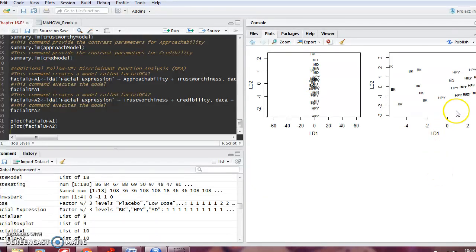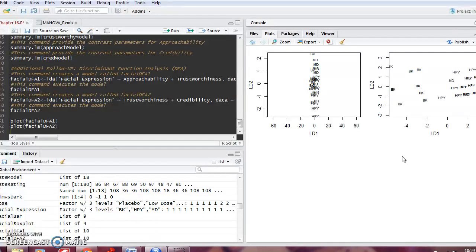Yeah, a little bit different. Once again, with our LDA, LD1 is horizontal and LD2 is vertical. Let me make sure I'm looking at this right. I'm looking at my book at the same time, because I'm making sure I'm not telling y'all the wrong thing.